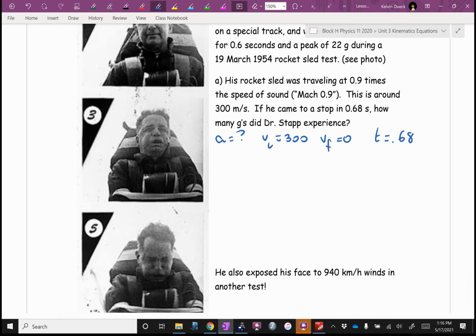Get the A by itself, please. Okay, I'll give you a hint. A equals. That's pretty simple. This is a 0. Leave the 0 for now. Just rewrite the equation. It's the first equation, VF equals VI plus AT. Matt, get the A by itself. What's going to drop down like a domino?